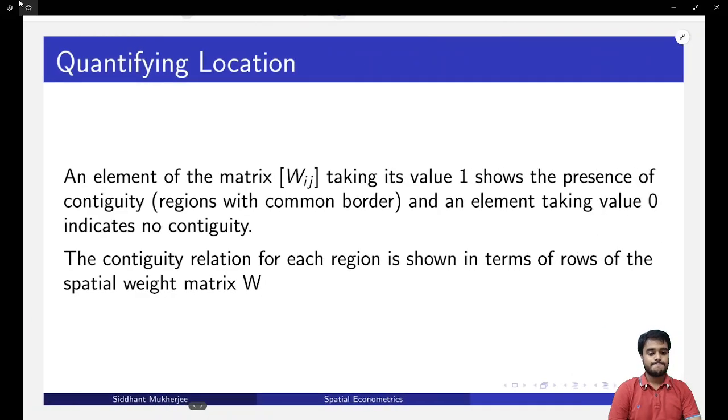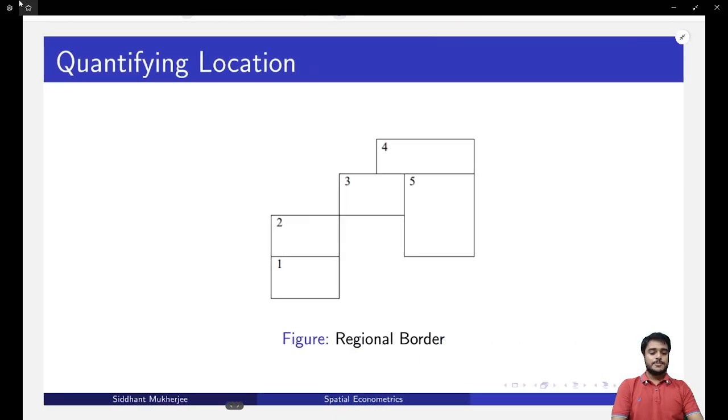Suppose 1, 2, 3, 4, 5 are different regions. Region 1 has a boundary with region 2. Region 3 has a boundary with region 5 and region 4. Also, region 4 has a boundary with region 3 and region 5.